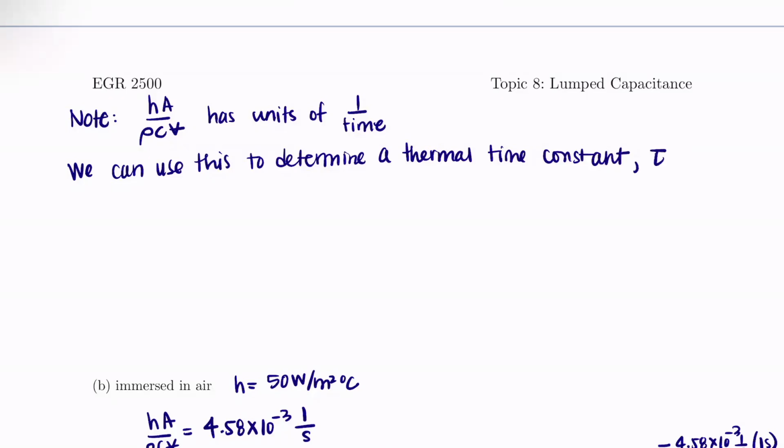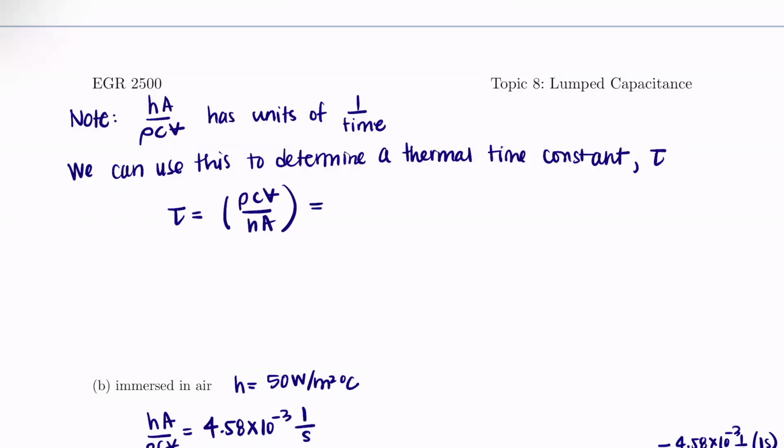And we're going to call this time constant tau. And tau is just 1 over our constant that we originally had. So we can have tau is equal to rho CV over HA, and now that has units of seconds.